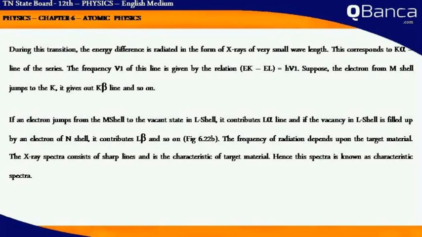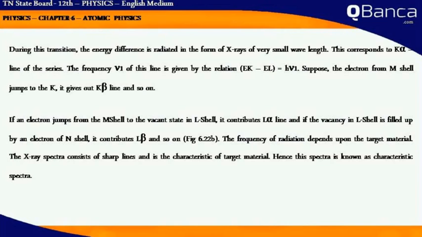If an electron jumps from the M shell to the vacant state in the L shell, it contributes the L alpha line, and if the vacancy in the L shell is filled up by an electron of the N shell, it contributes the L beta line, and so on.